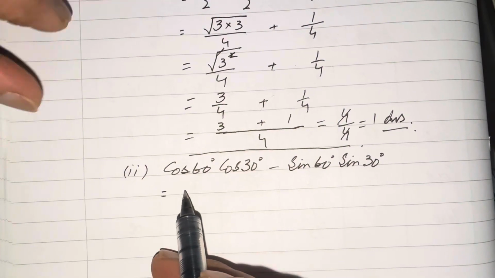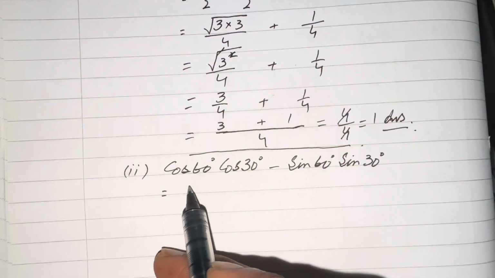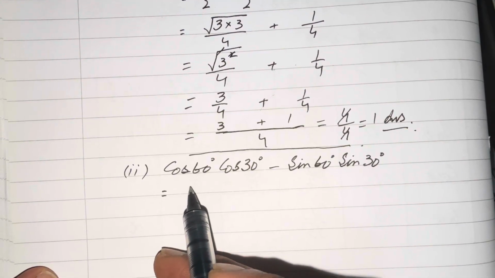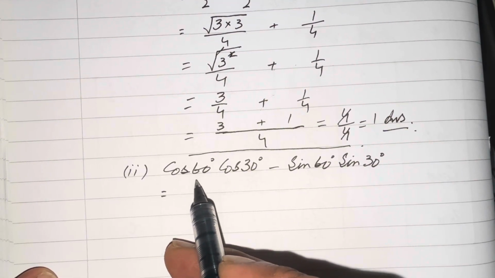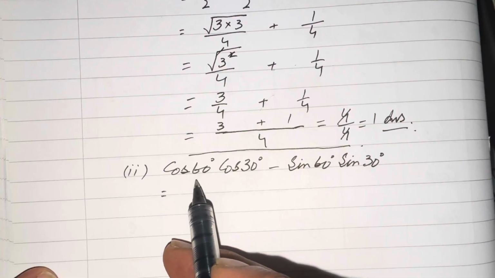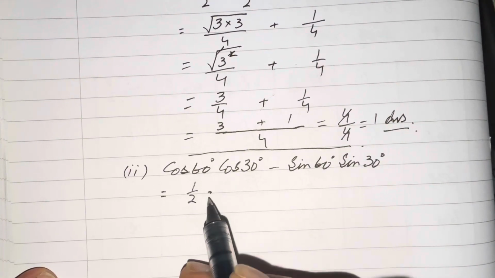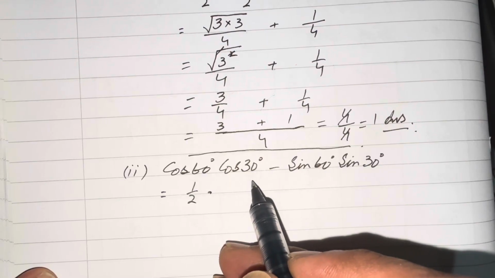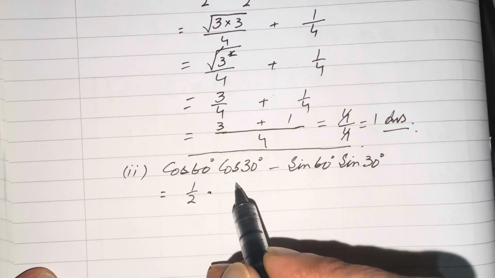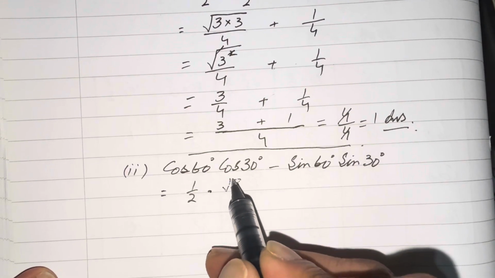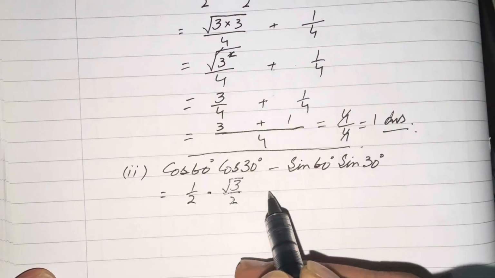So cos 60, by using the table, the trigonometric ratio of cos 60 will be equal to 1 over 2 into cos 30 is equal to under root 3 over 2.